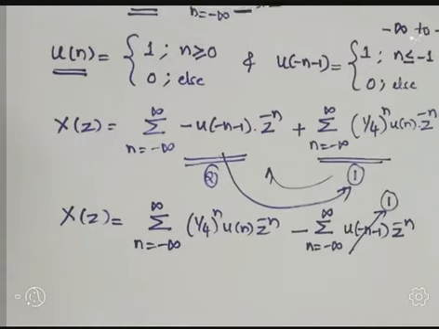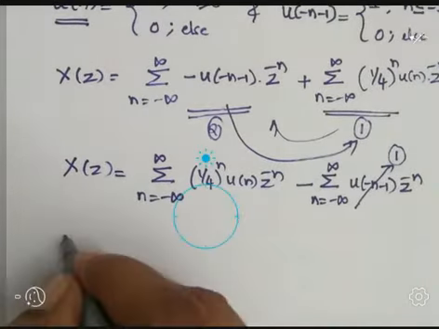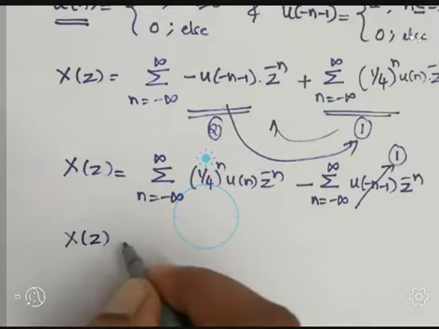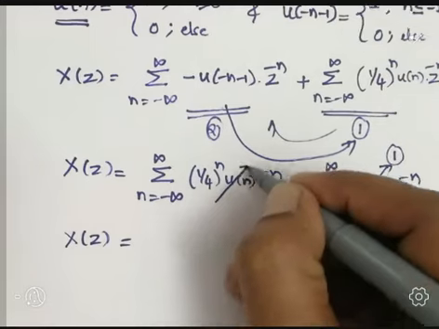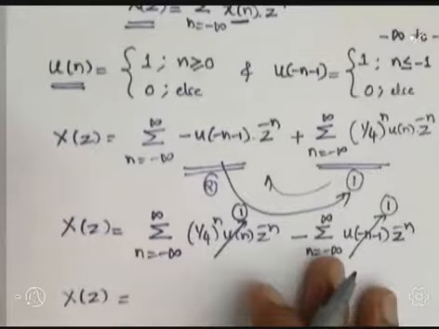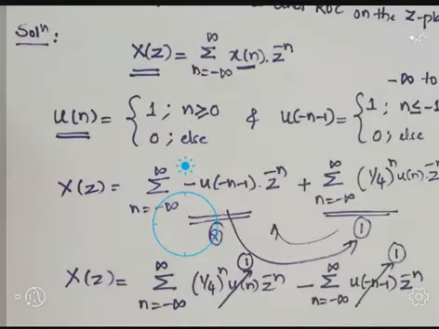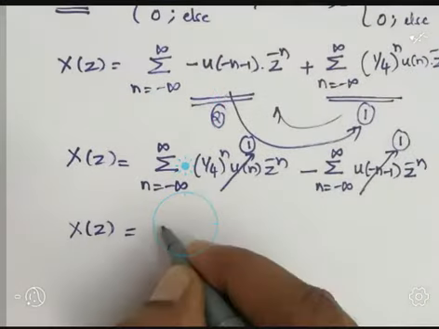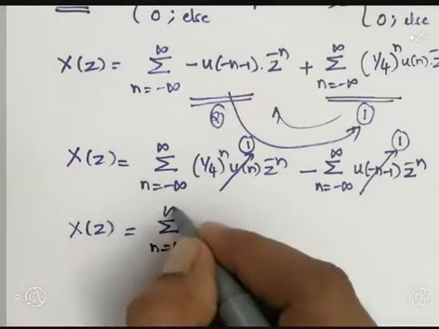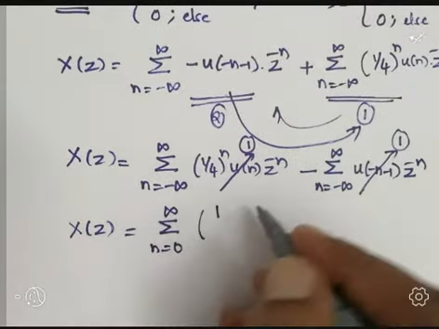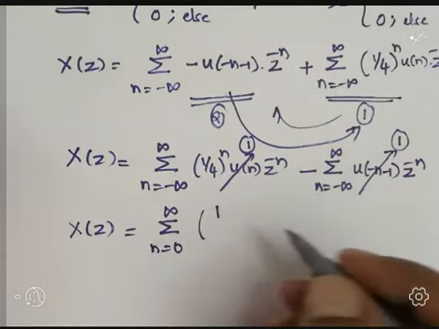Now I'm going to write stepwise. X of Z is equal to, if I replace this by 1, as per the definition of step signal, it is from 0 to infinity. Hence, this summation changes from n equal to 0 to infinity, 1 by 4 times Z to the power minus 1. Z to the power minus 1 we can write as 1 by z.